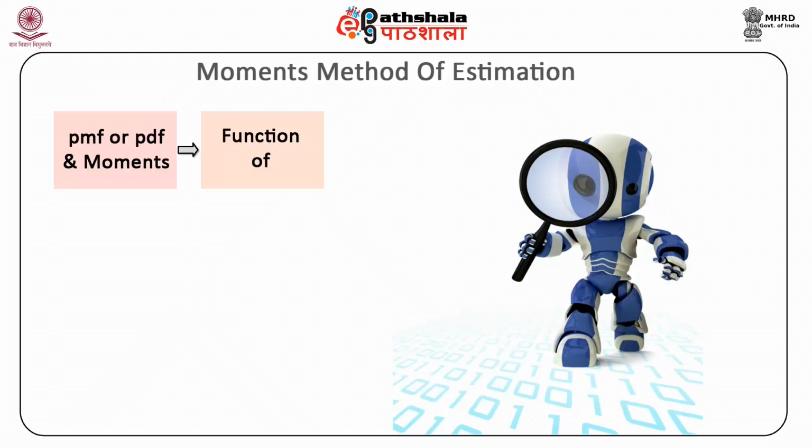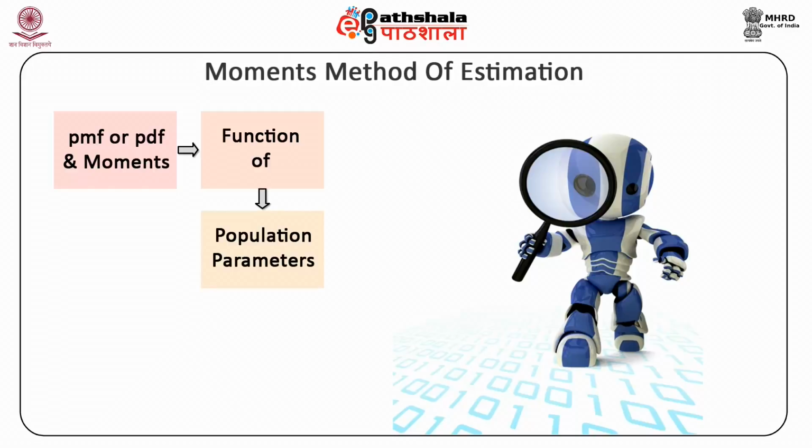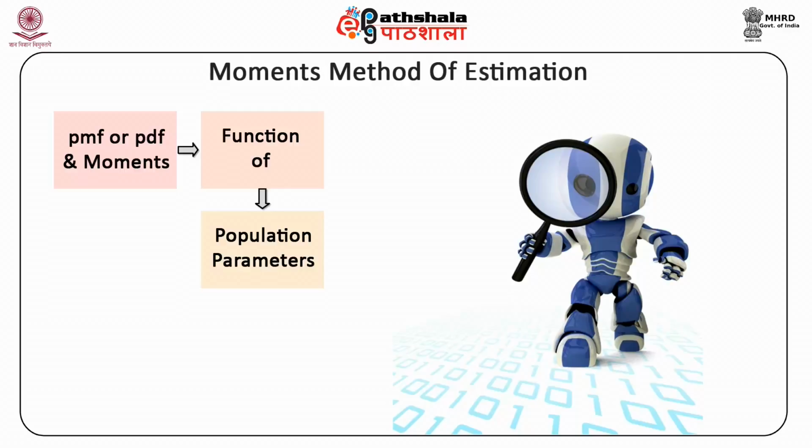In calculation of moments, both central and non-central, we use the probability distribution. So not only the probability distributions, but also the moments are functions of the population parameters. We use this property in the method of moments to derive the moment estimators of the population parameters.